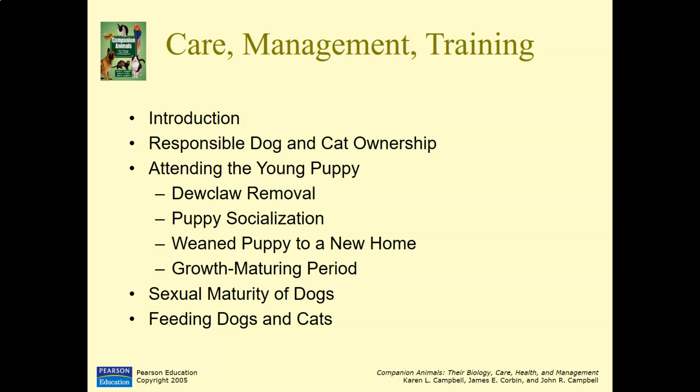Puppy socialization we talked about in the last chapter, so I don't need to get into it a whole bunch, but that 3 to 16 weeks is really important for getting socialization done. Then weaning: usually puppies wean by 6 to 7 weeks of age. That means taking them away from the mother and getting them to a new home.